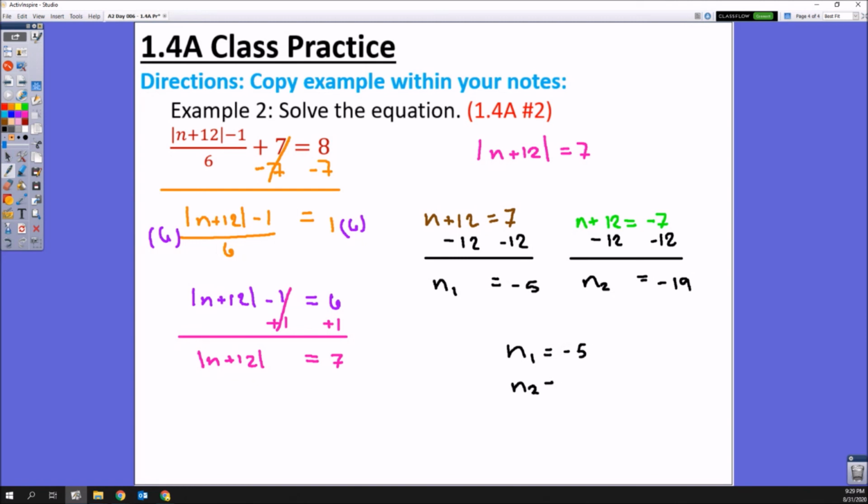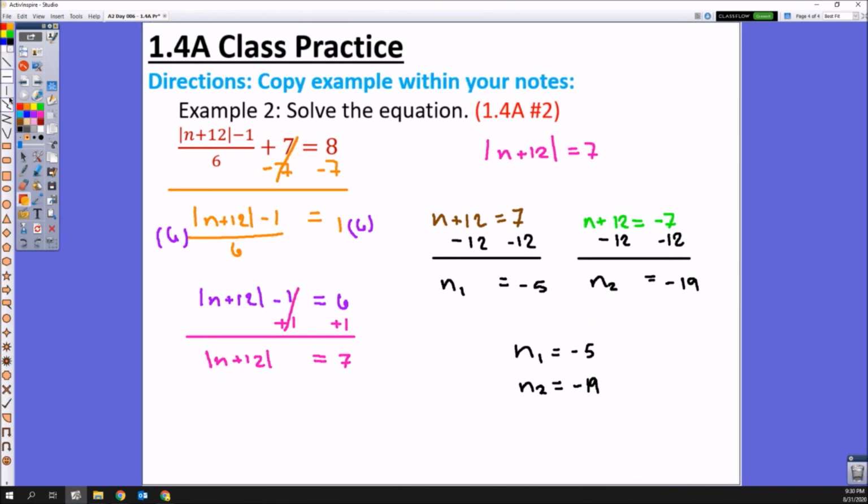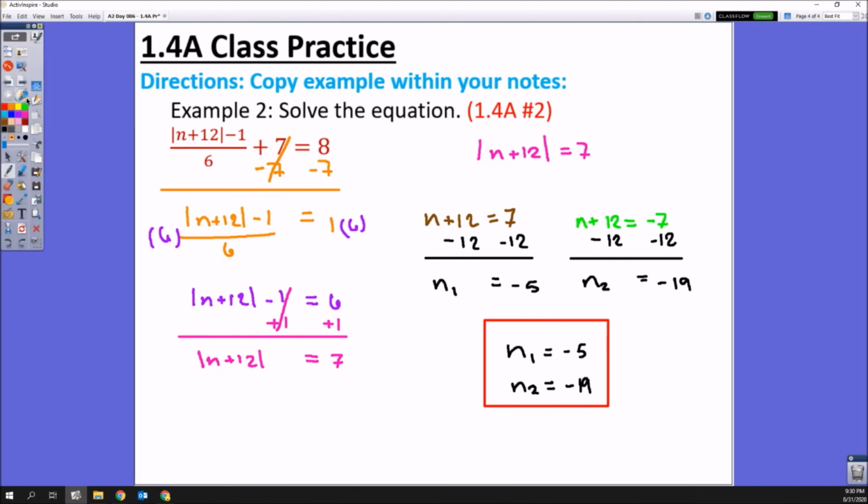So they both come out as whole numbers and both negative. So in some cases, you might have that as your set of answers. So I'm going to box up our two final answers together. So n sub 1 is negative 5 and n sub 2 is negative 19. So like I said before in example 1, you might have cases where the two answers are opposite sign.